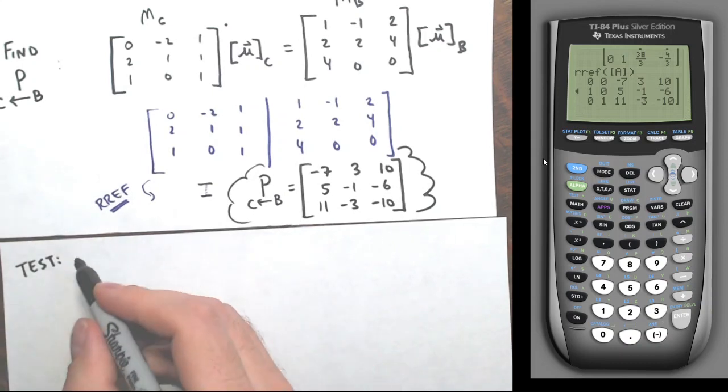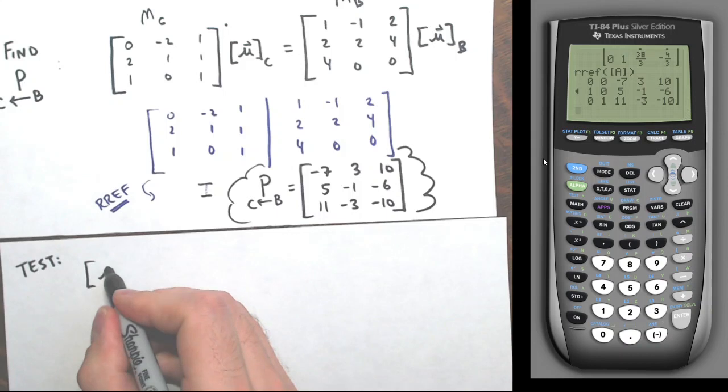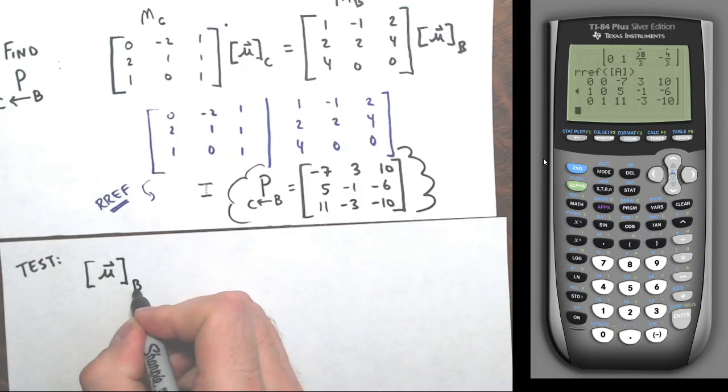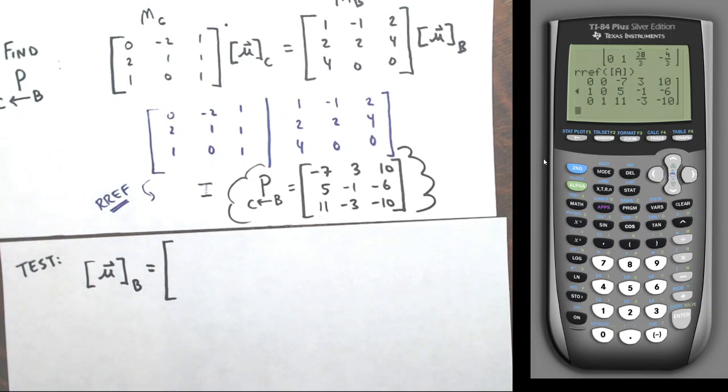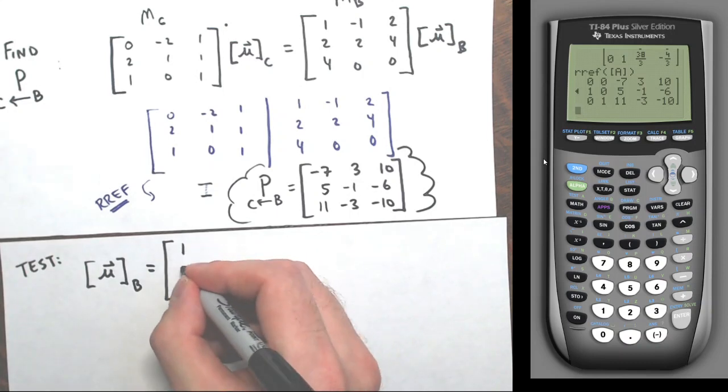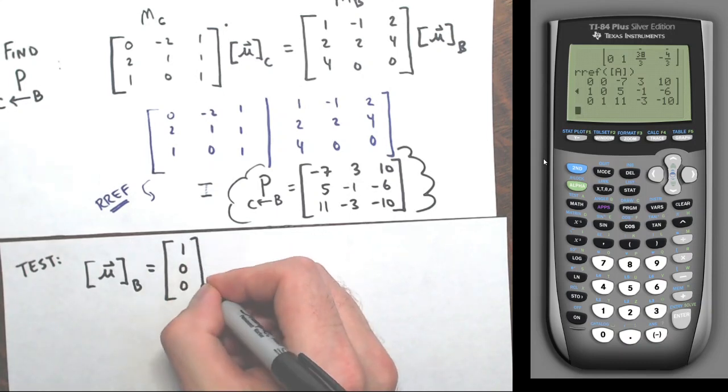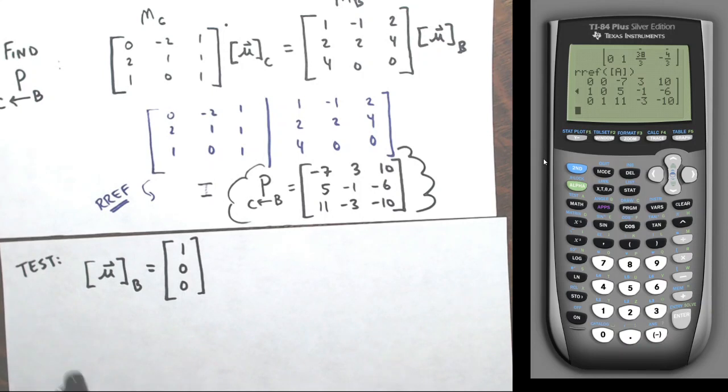So I'm going to have the coordinates of some vector U with respect to B. Again, there are 3 vectors in each basis. So I'm going to do simply 1, 0, 0. Something very simple.